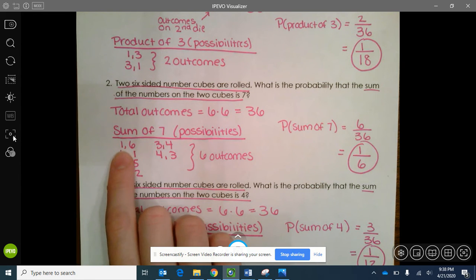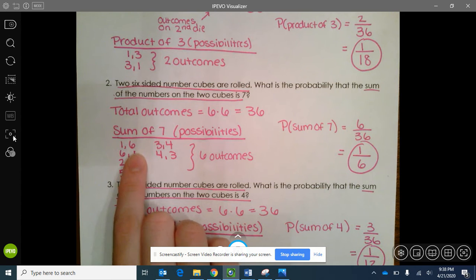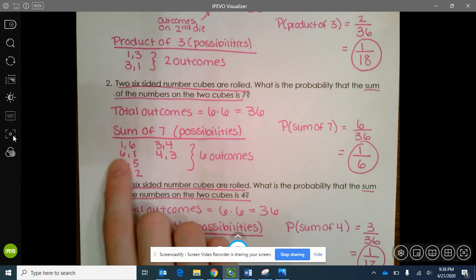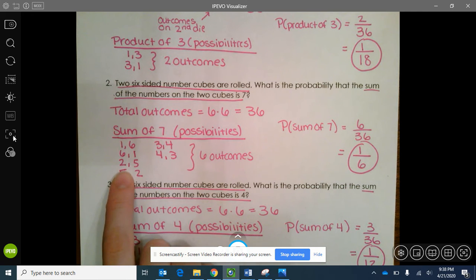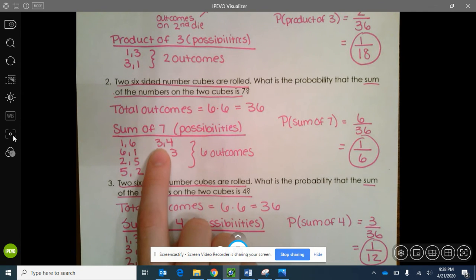So you could get a 1 on the first die and a 6 on the second die. 1 plus 6 is 7. You could get 6 on the first die, 1 on the second die. 6 plus 1 is 7. You could get 2 on the first die, 5 on the second. 2 plus 5 is 7. You could get 5 on the first die, 2 on the second. 5 plus 2 is 7. You could get 3 on the first die, 4 on the second die.